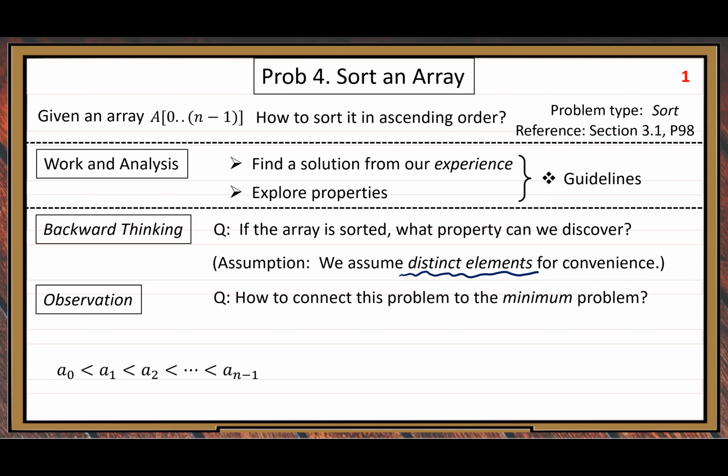Here, we assume we can find the solution of the minimum problem. So every time given an array, you can find its minimum. You have the minimum. Can you use that minimum in the array to help you get some useful information? That's the question.